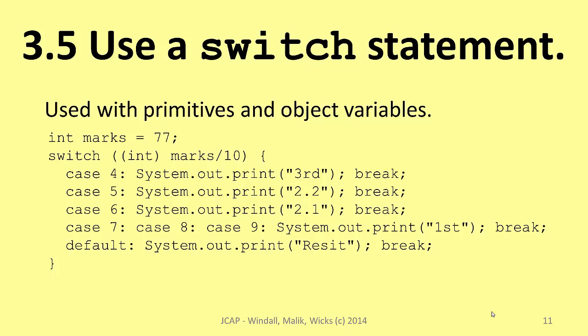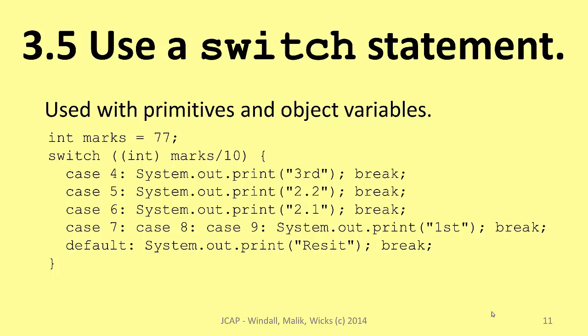So in the first case, case 4, if the result of that was 4, remember integers can only be whole numbers, so if you got 45 for example, 45 divided by 10 turned into an integer would just be 4, it would print third and then break out of the switch altogether. If you got something in the 50s, it would print 2.2 and again break out of the switch. Next, if you got something in the 60s, it would print 2.1 and break.